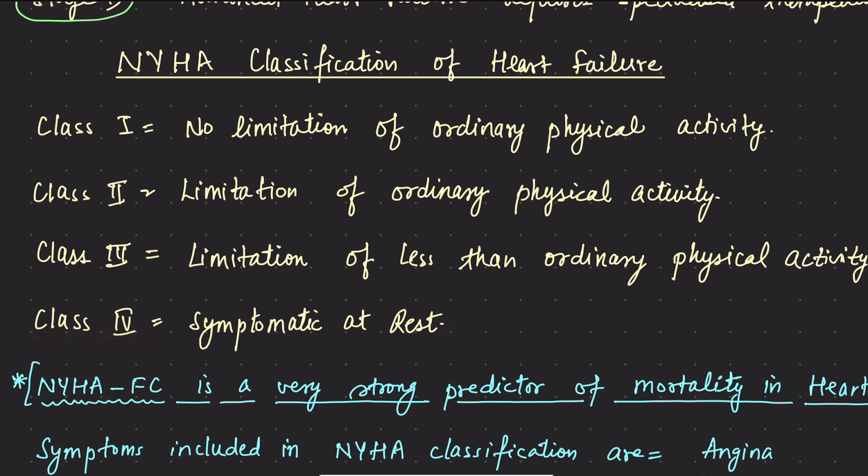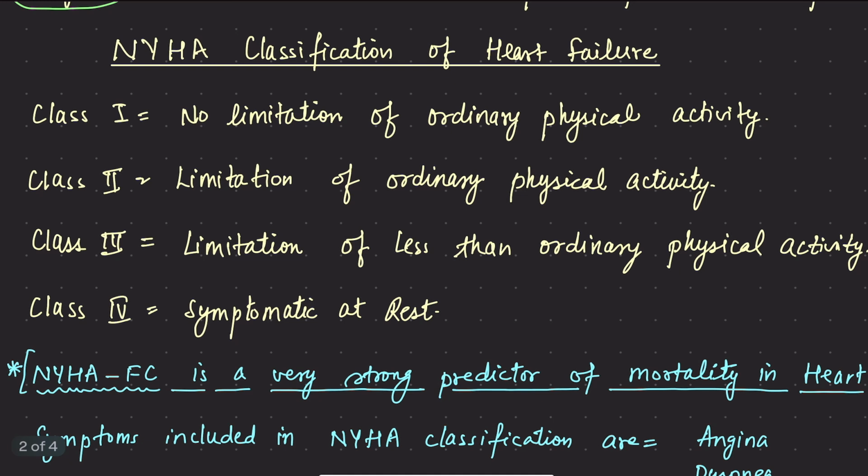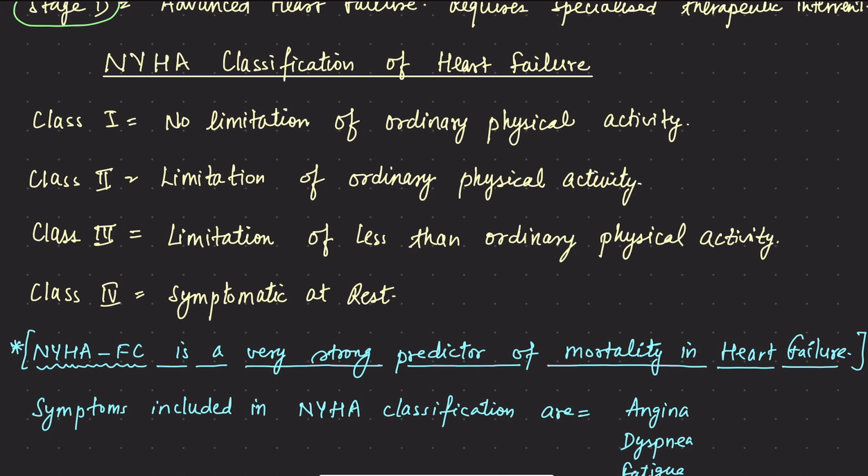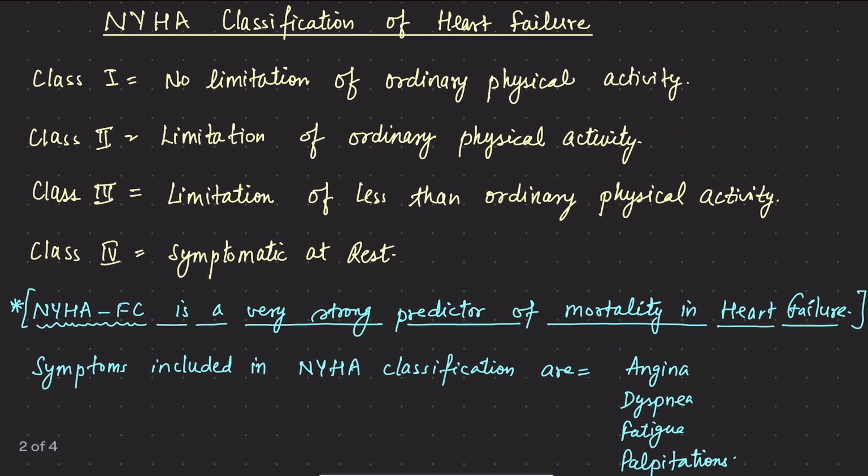Why is NYHA important even at this point in the course of the advancement of heart failure? Because NYHA functional classification is a very strong predictor of mortality in heart disease even today. Symptoms included in NYHA: we are discussing no limitation, limitation. What limitation? Limitation means development of signs and symptoms.